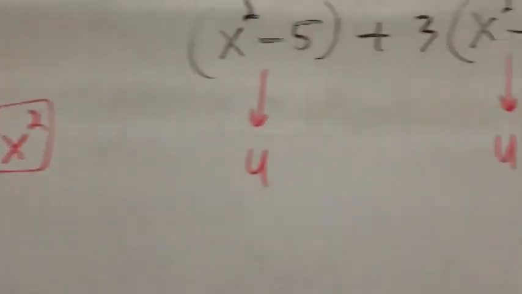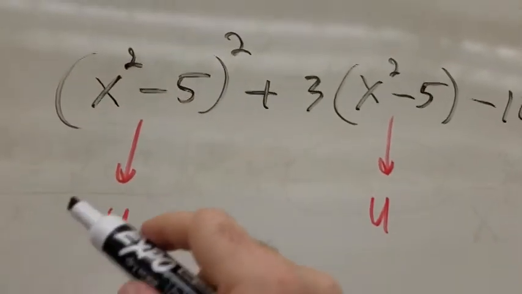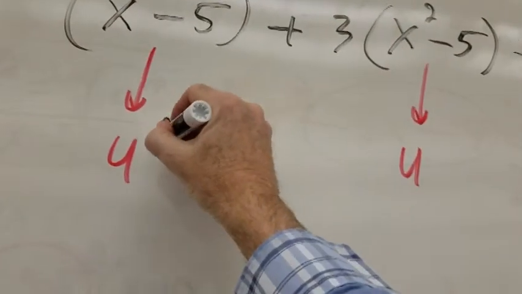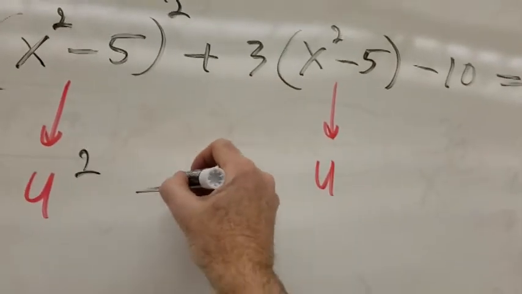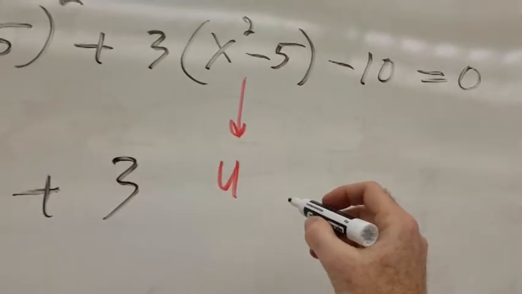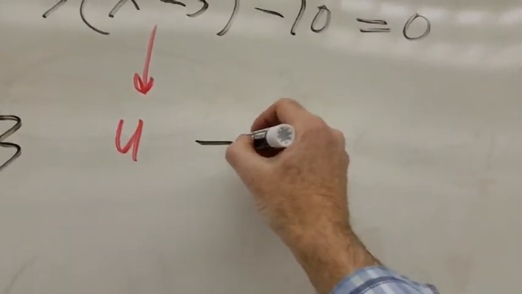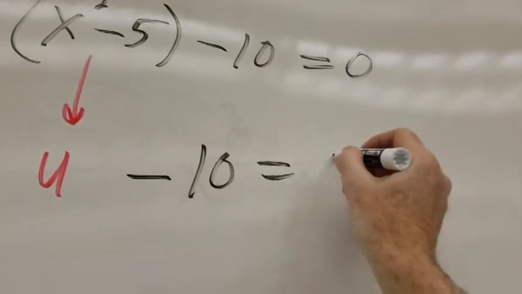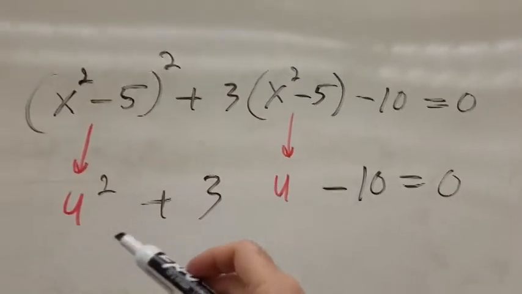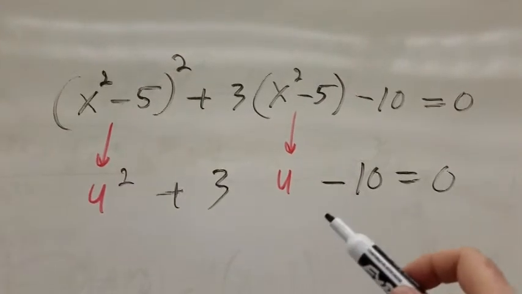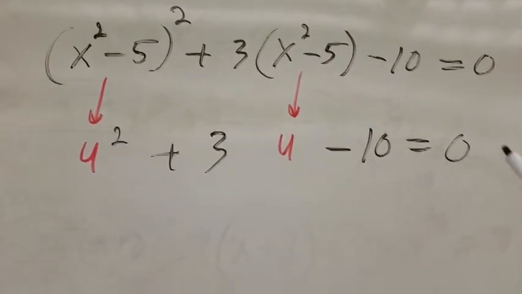We want it to look like a normal problem. So we got U squared plus 3U minus 10 is equal to 0. See, now it looks like a standard equation, and we can factor that.